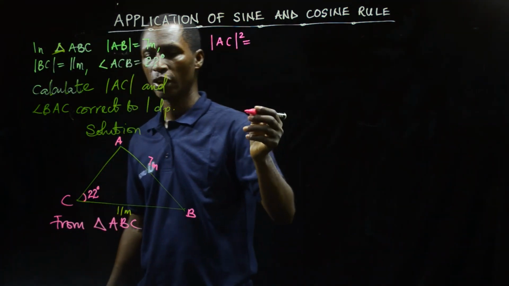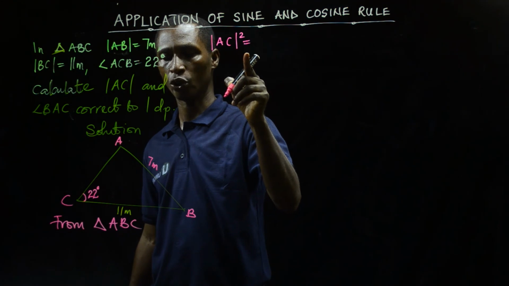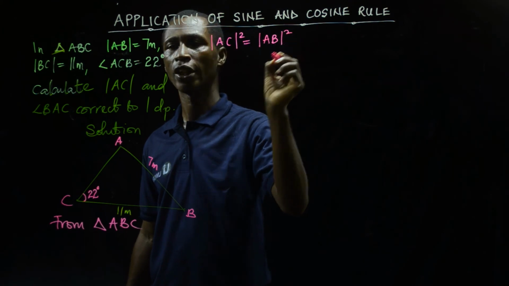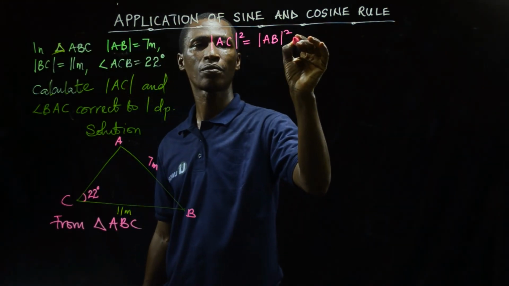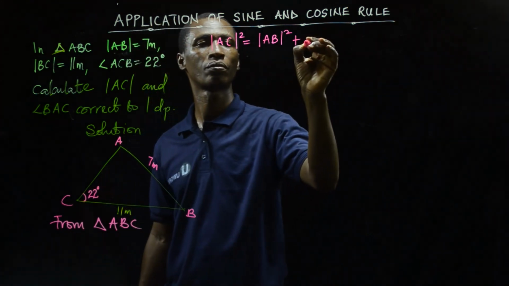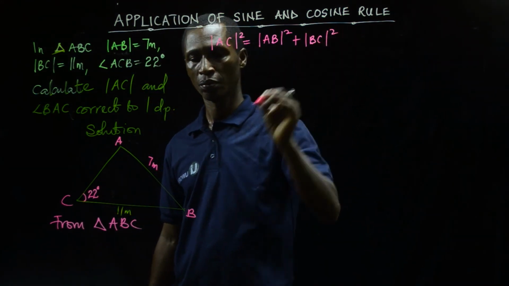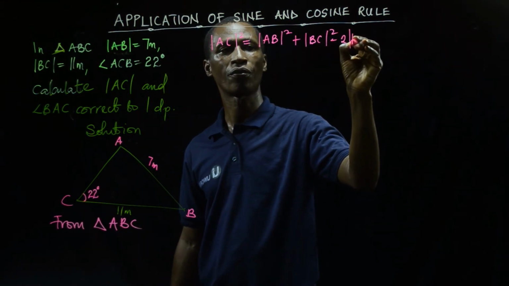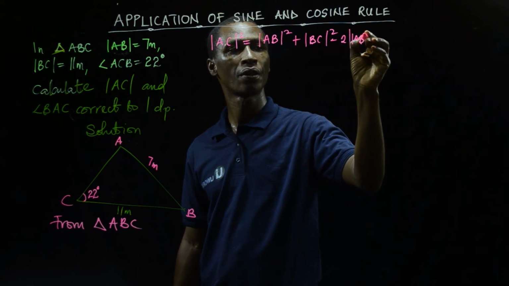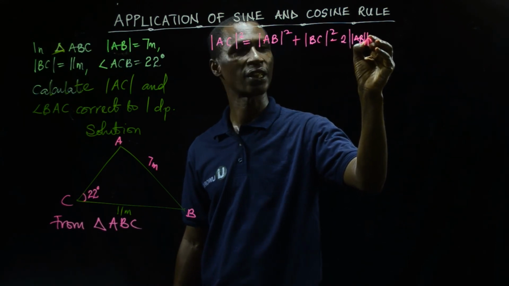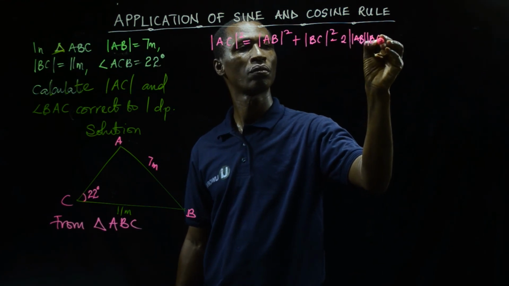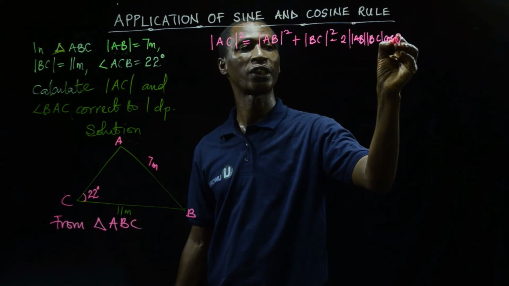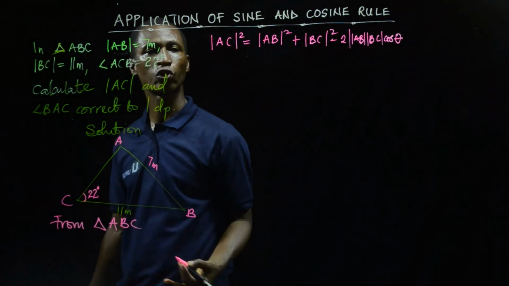So AC squared must be equal to AB squared plus BC squared minus twice the length of AB, the length of BC, cos theta, where theta is the 22 degrees we have here.